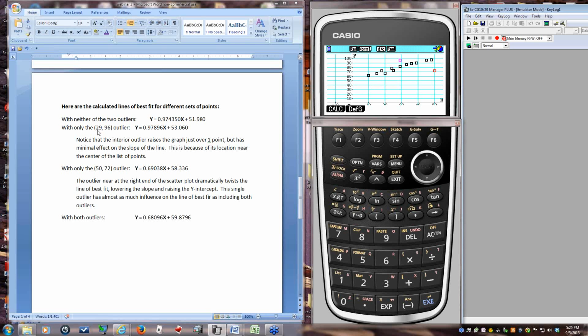There's not near as much impact if you look at just the 29 and 96 outlier, at least the one I called an outlier. That raises the intercept a little bit, just over a point, and has almost no change on the slope of the line of best fit.